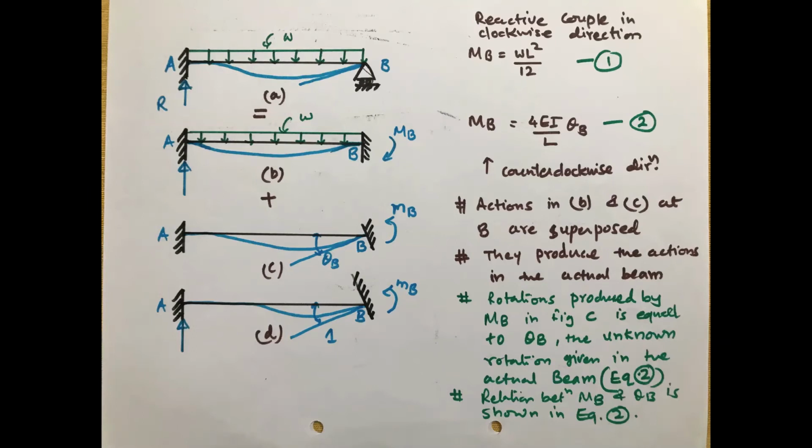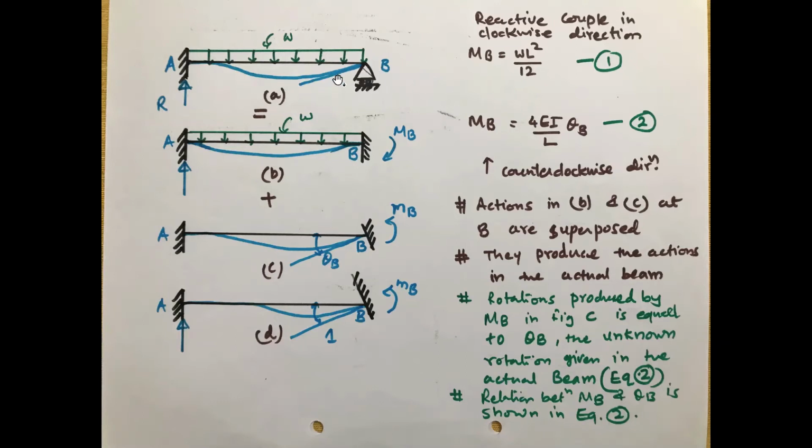In that we made the structure statically determinate. So by the same analogy, while applying the stiffness method, we make the structure kinematically determinate. In the stiffness method, the first step is to make the structure kinematically determinate.